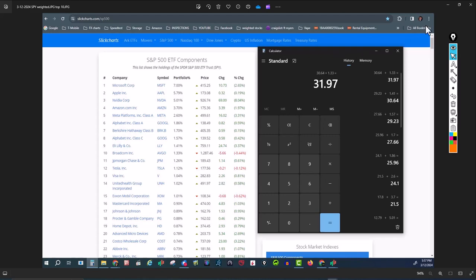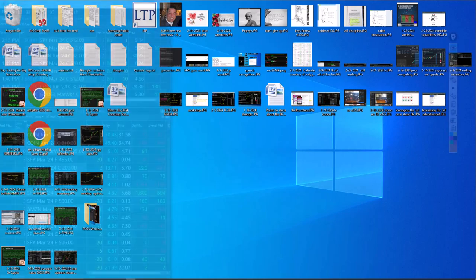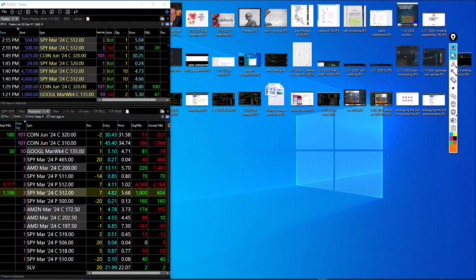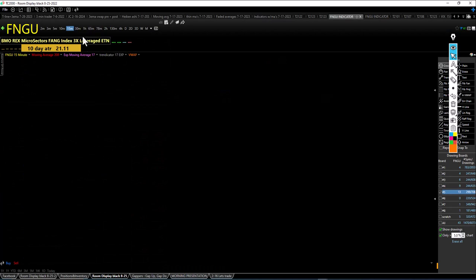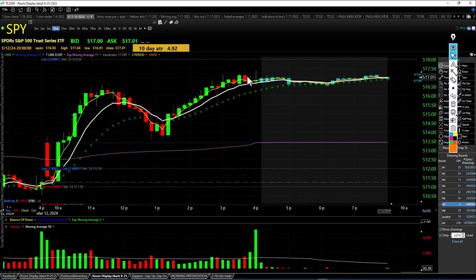Okay? What I really like to see when I want to hold my stocks, or my securities, or my positions overnight, I like to see price action close at the end of the day near the high of the day. That gives me the courage to hold my long positions overnight.